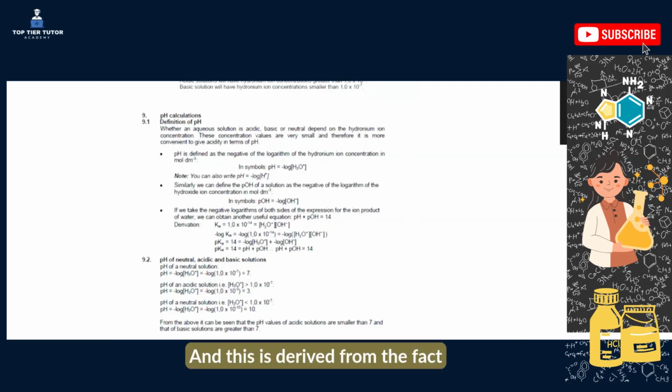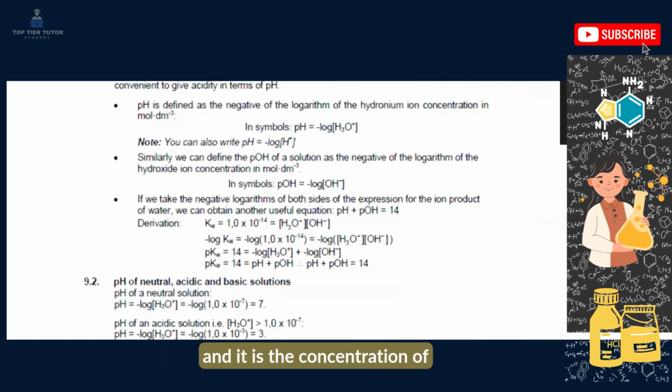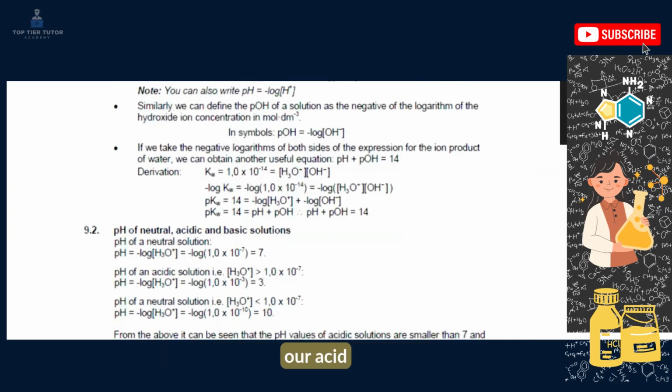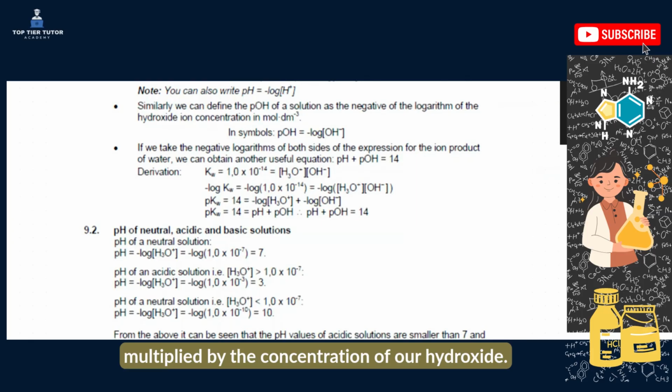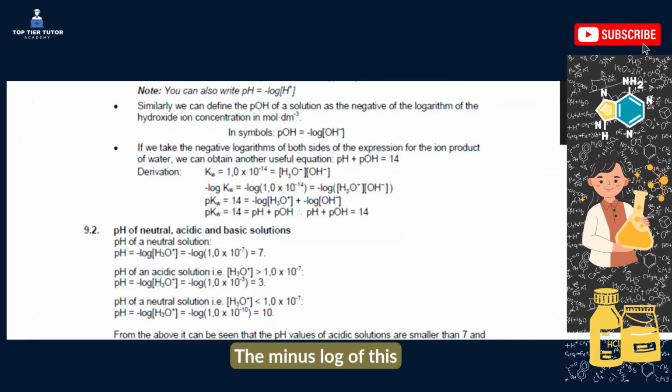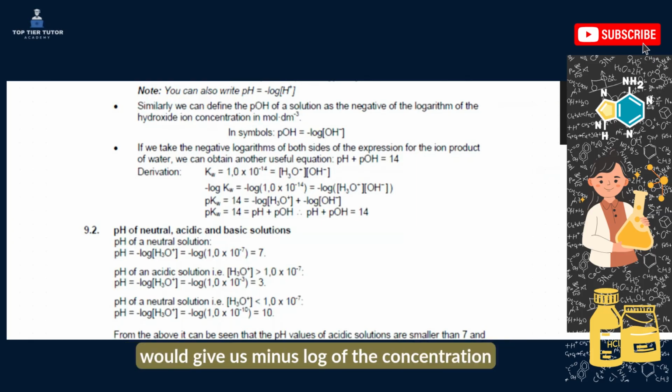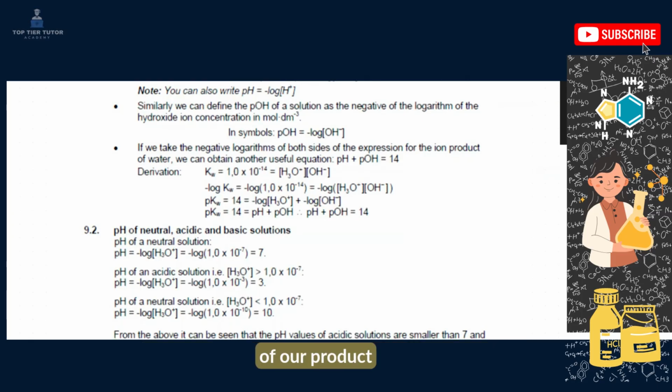And this is derived from the fact that Kw, at 25 degrees, is 1 times 10 to the power of minus 14, and it is the concentration of our hydronium multiplied by the concentration of our hydroxide. The minus log of this would give us minus log of the concentration of our hydronium multiplied by the concentration of our hydroxide.